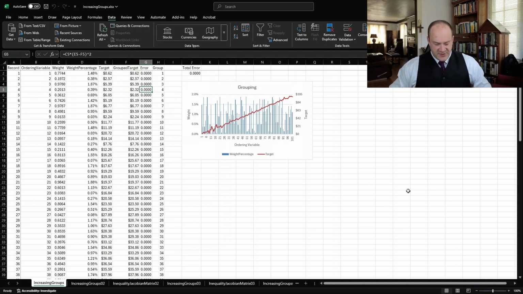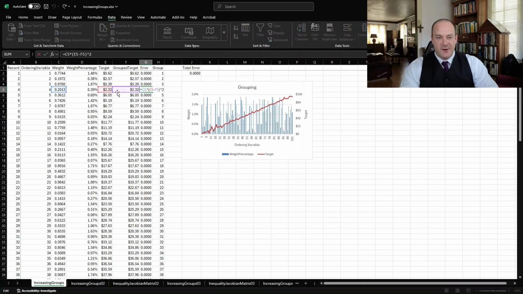So if you look at the formula here, and always remember, if you can't do something in Excel, you don't understand it. You should always first try all of your ideas in Excel because you can play at the cell level. It's great for small problems. So if you look here at the formula for the error, it's the weight multiplied by what you actually observe in the data. That's your target variable.